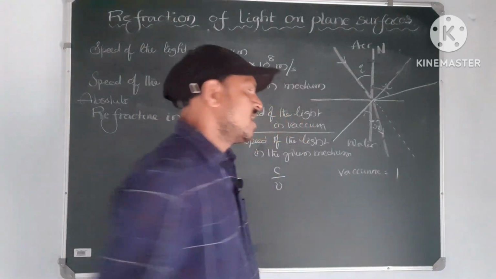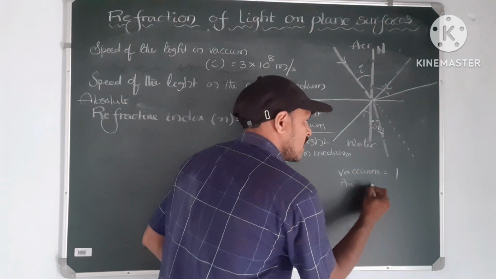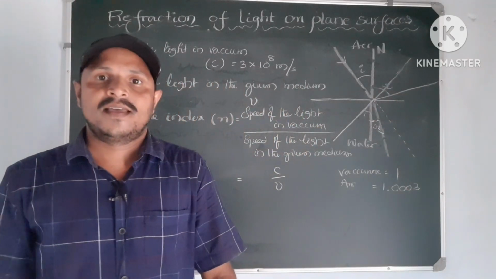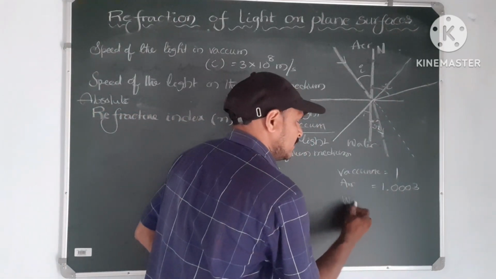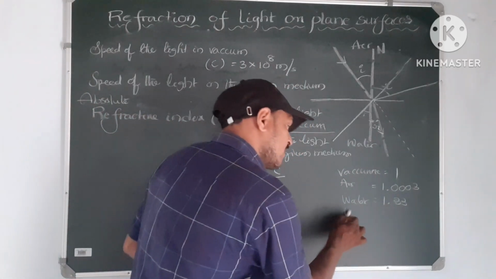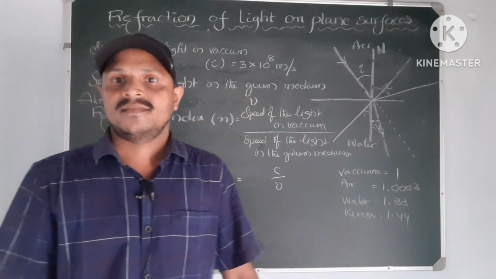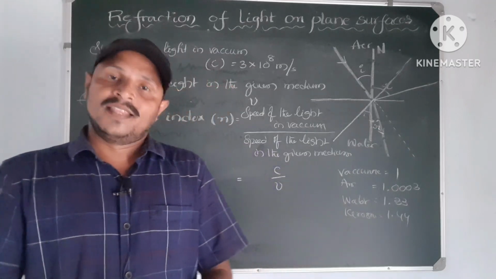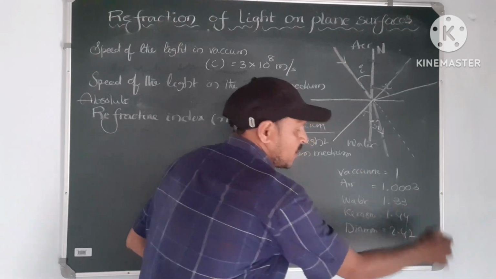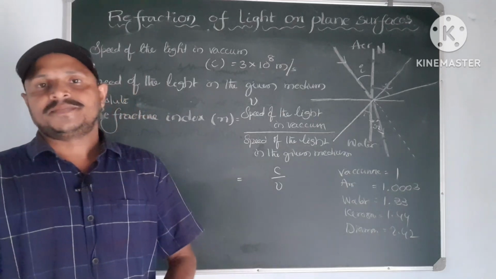The refractive index of vacuum is 1, the refractive index of air is 1.0003, the refractive index of water is 1.33, the refractive index of kerosene is 1.44, and the refractive index of diamond is 2.42.